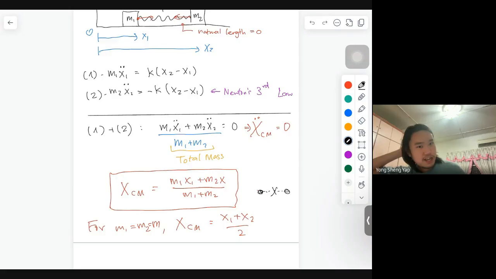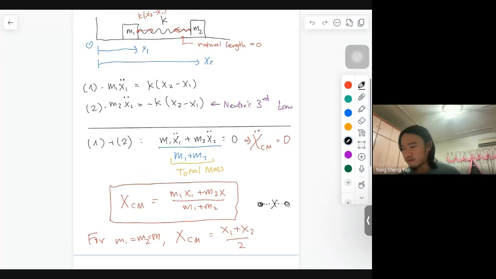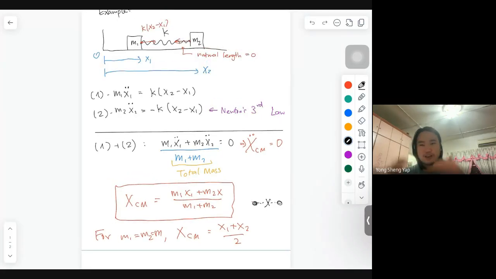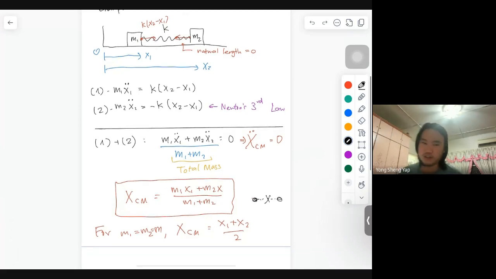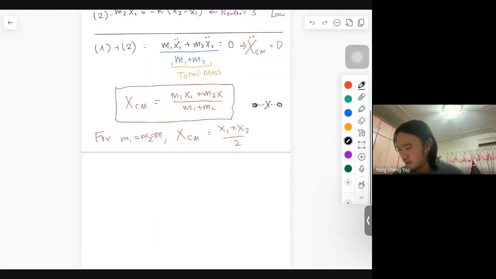Just analyzing the dynamics, if you add the two equations together, you find that in this system, when the two bodies interact via a mutual force, the center of mass does not accelerate. There is no external force acting on the system.